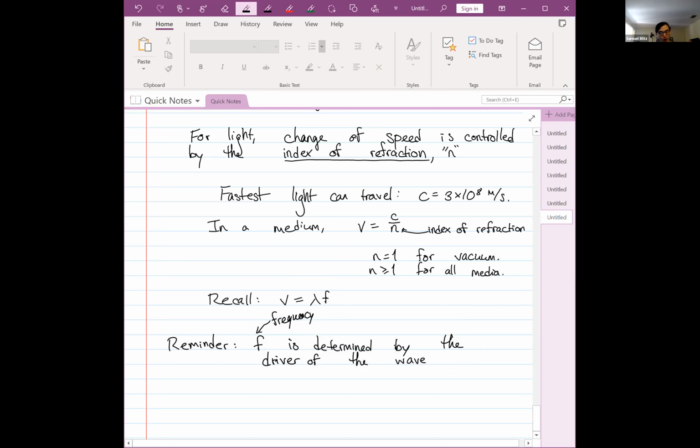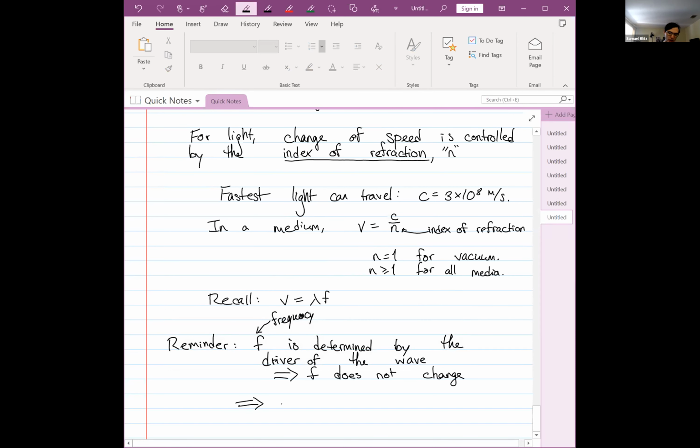Remember that the frequency depends on what created the wave to begin with, so it shouldn't change depending on the medium. So if the wave speed changes and the frequency stays the same, f does not change when it enters a medium, that means that the wavelength must change to accommodate for that, because this equation is always true.